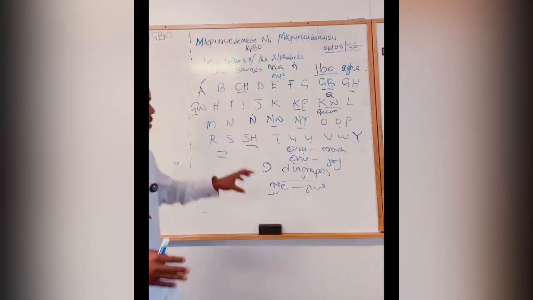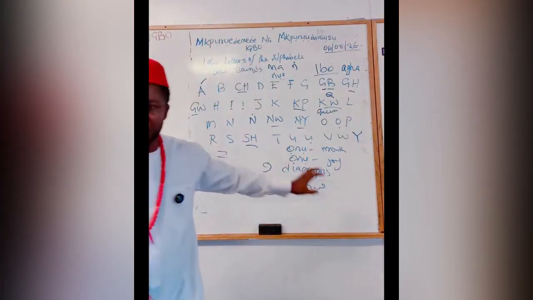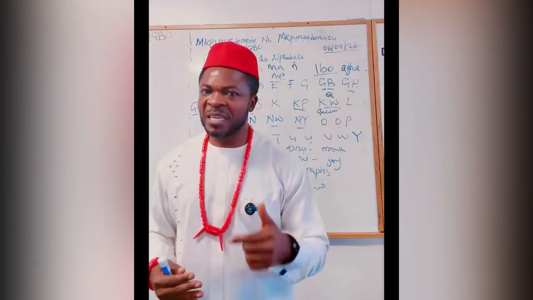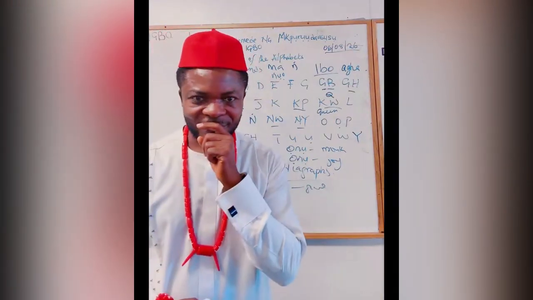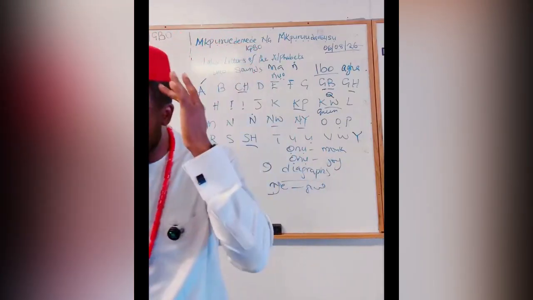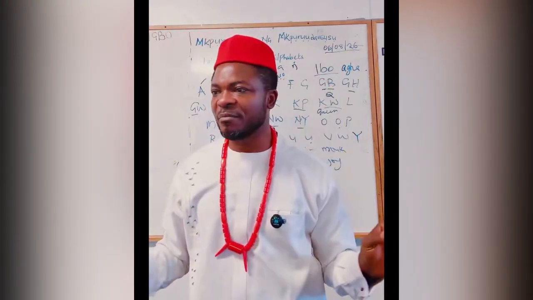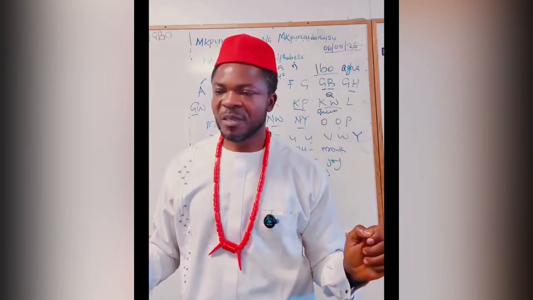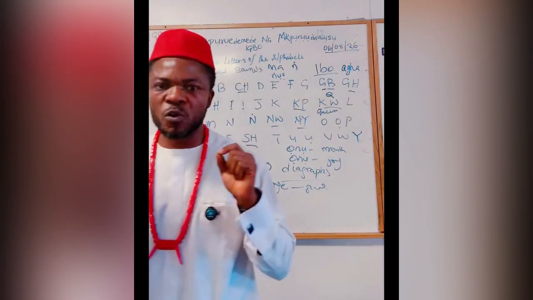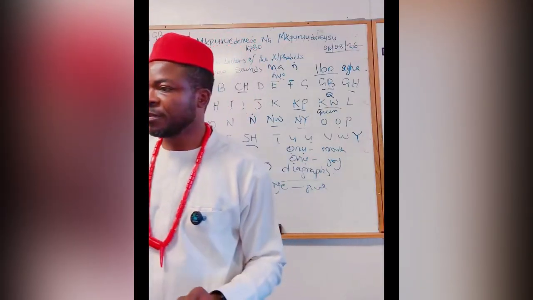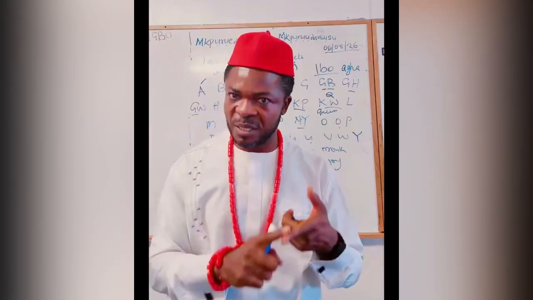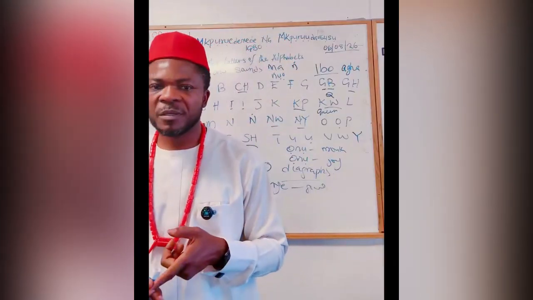So you find out that the sound sh dwells more in the dialects of Igbo than in the standard. Ishi, head. In the standard, it is isi. Where I come from, we call it ishi. We call it oshishi. But the standard is isi and osisi.